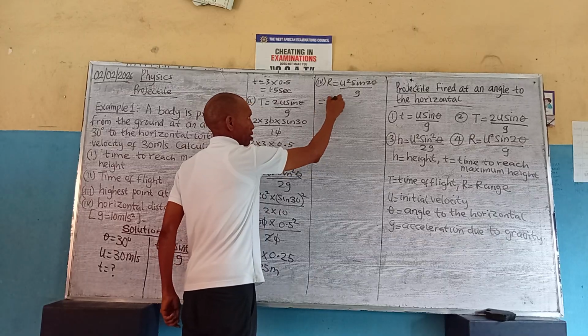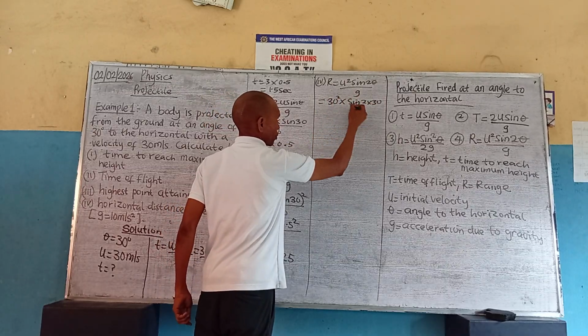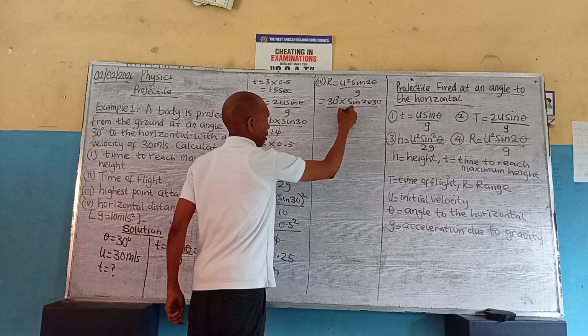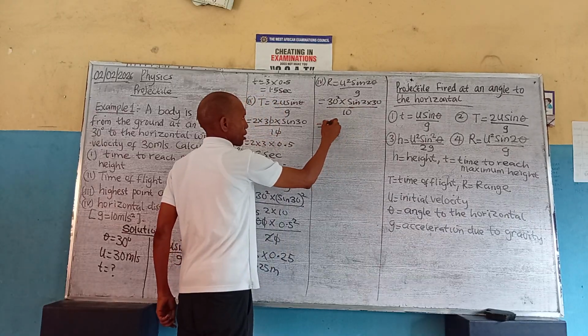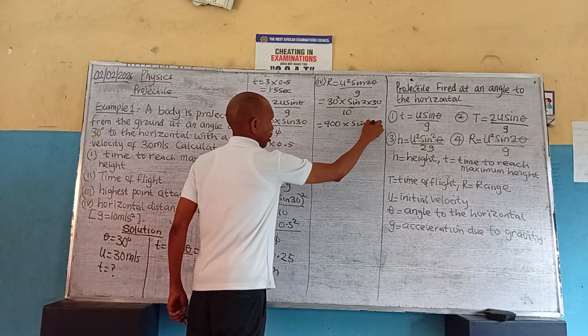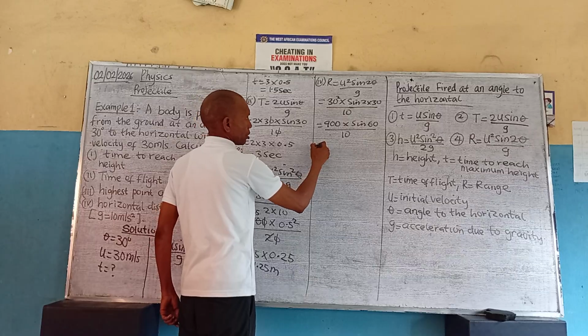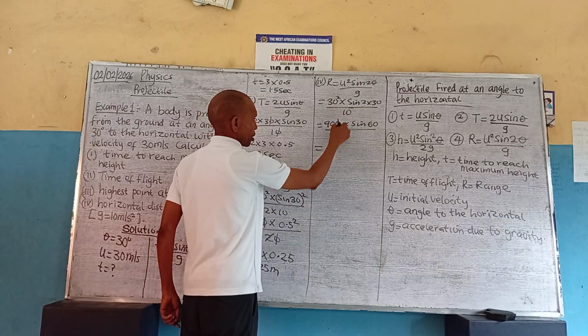u remains 30, so 30 squared times sine of 2 times 30 all over 10. That gives us 900 times sine 60 all over 10. And that 0 cancels 0.